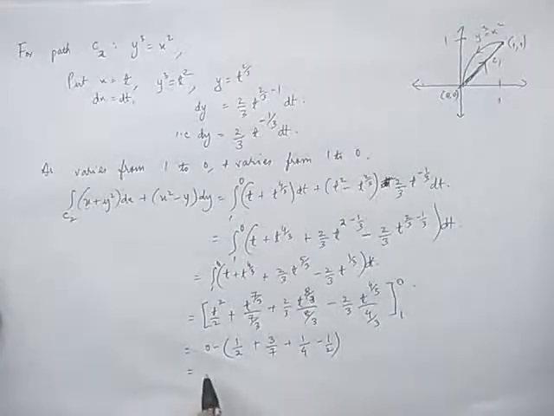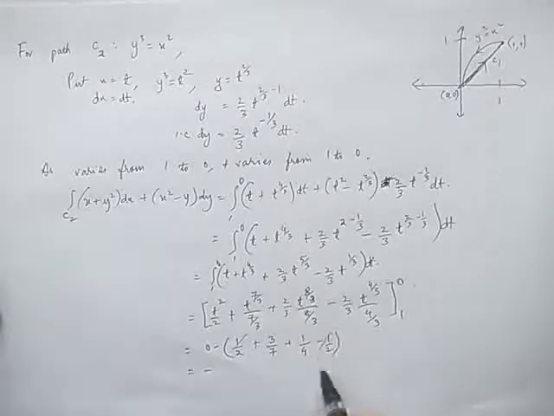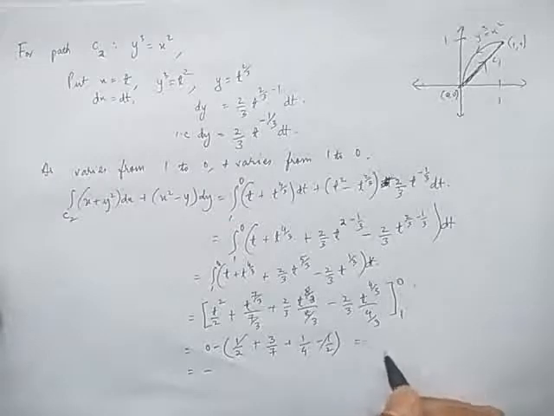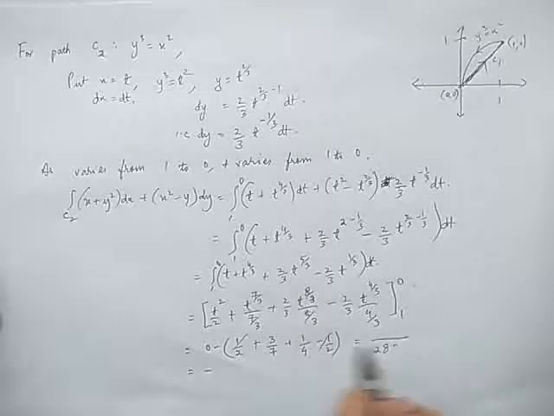So this is equal to minus, and this and this can get cancelled. So let's write here, 7 fours are 28.